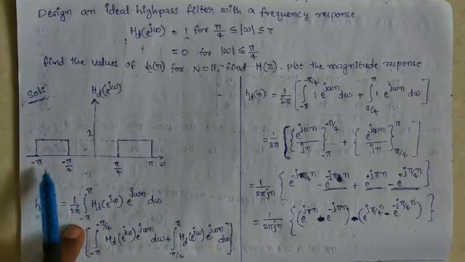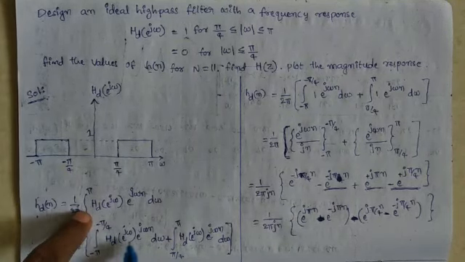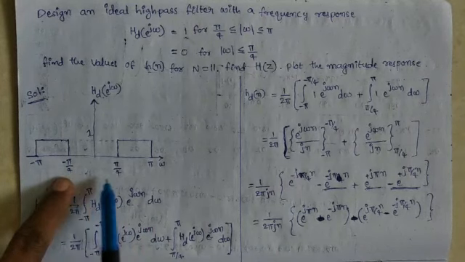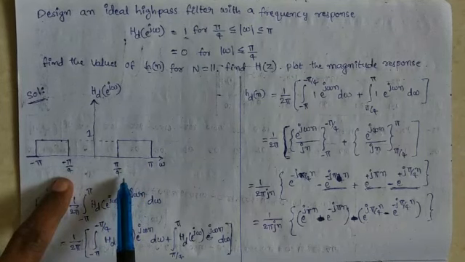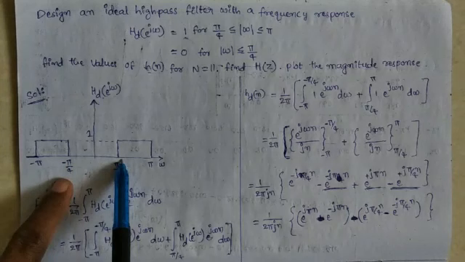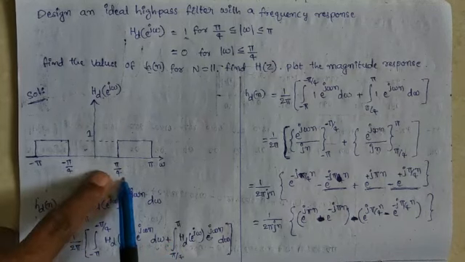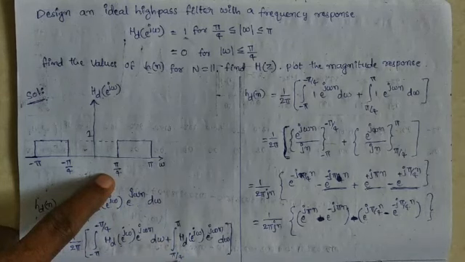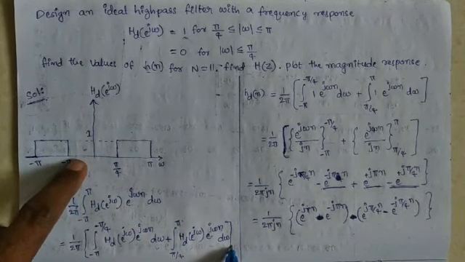One integral from minus pi to minus 5 by 4 of HD of e power j omega into e power j omega n d omega, plus another integral from minus 5 by 4 to 5 by 4, where HD of e power j omega is 0 in this interval, so I am not indicating that integration. Next, another integral from 5 by 4 to pi of HD of e power j omega into e power j omega n d omega.